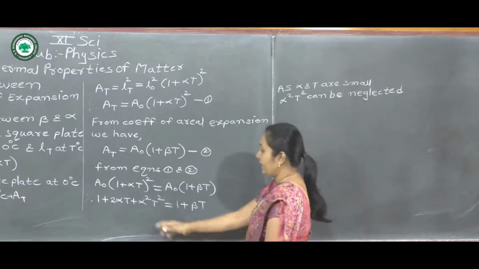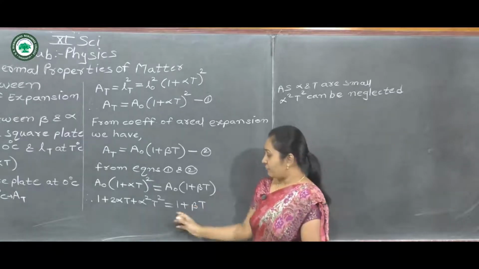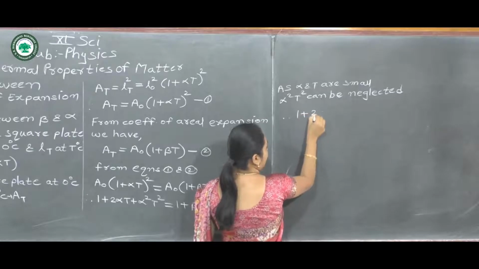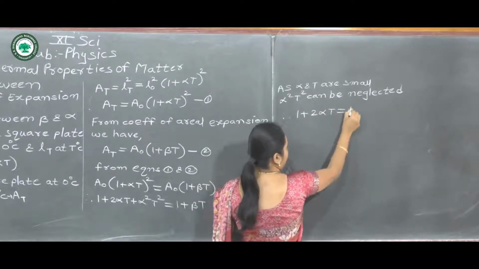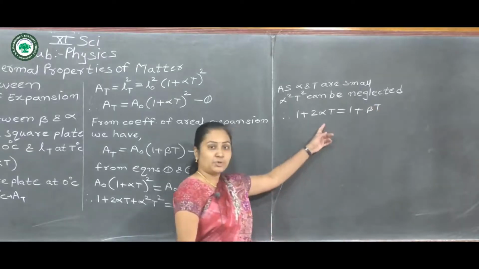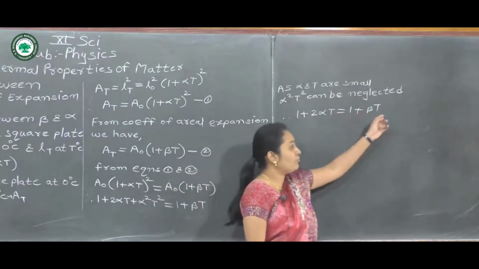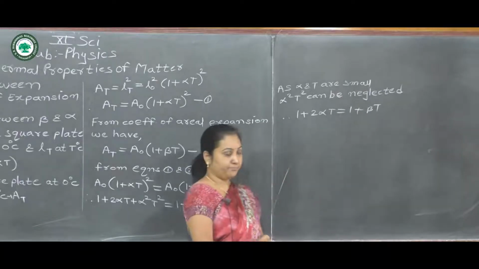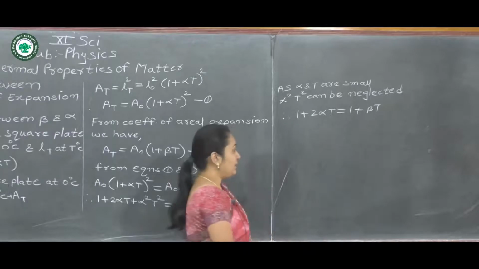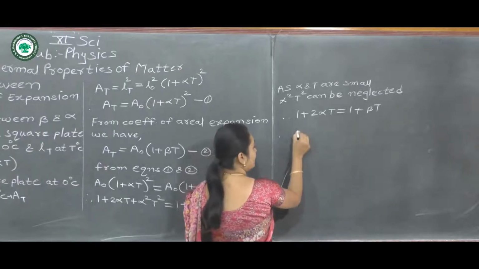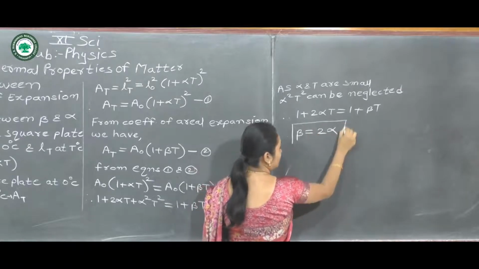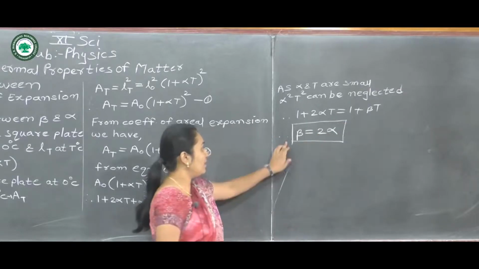So if we neglect alpha square t square, we can write from this equation 1 plus 2 alpha t is equal to 1 plus beta t. So from these equations, by comparing, we can write, therefore, beta is equal to 2 alpha.